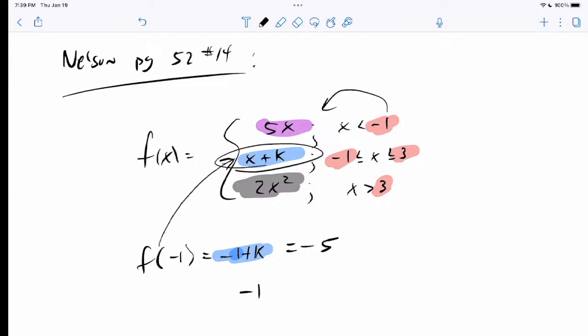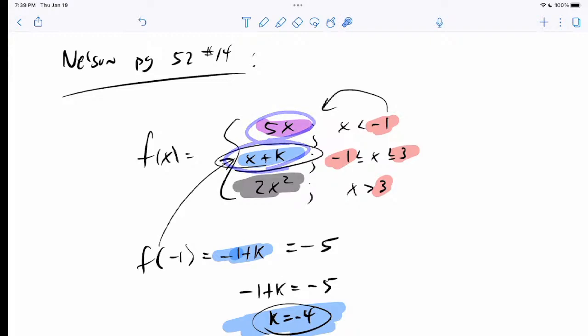So therefore, I know for these to line up, -1 plus k has to equal -5, or k equals -4. So for these two to line up, k has to equal -4.